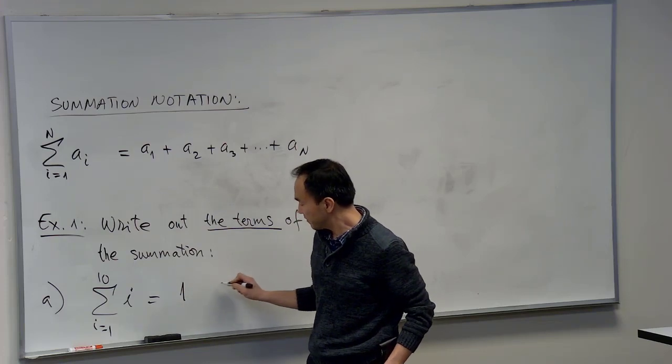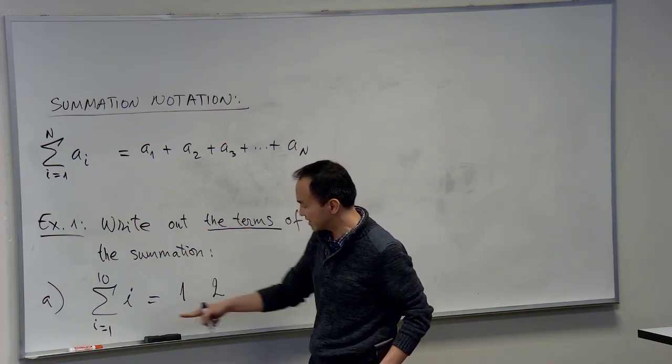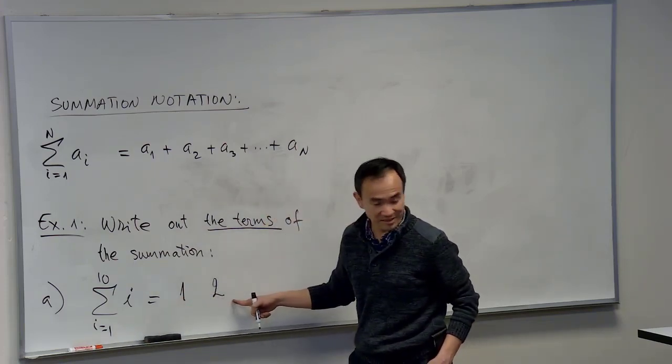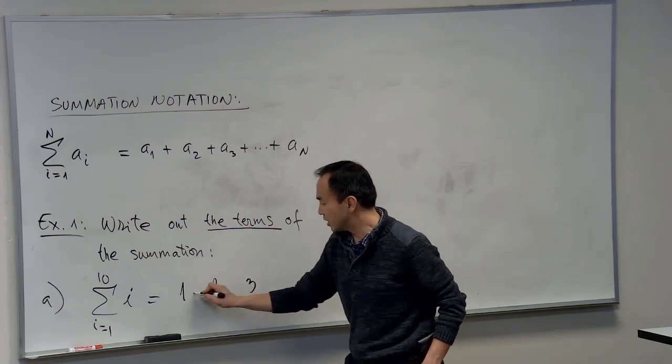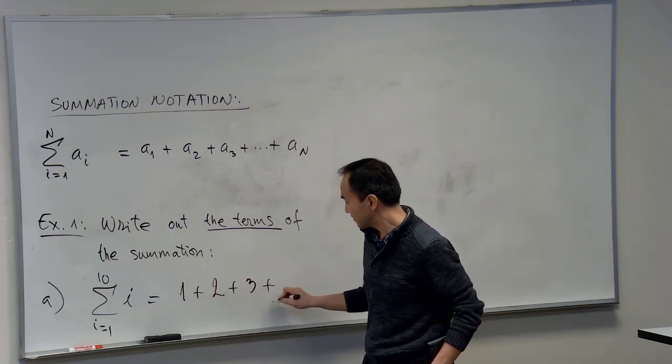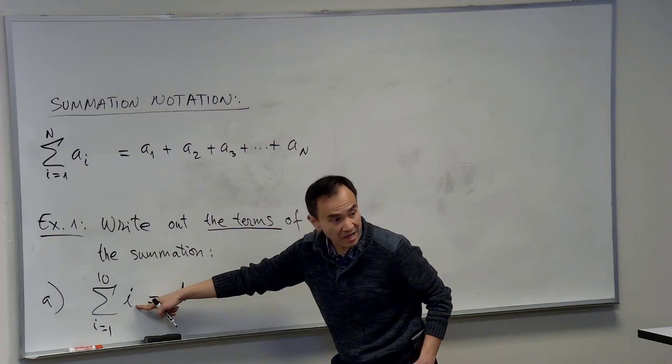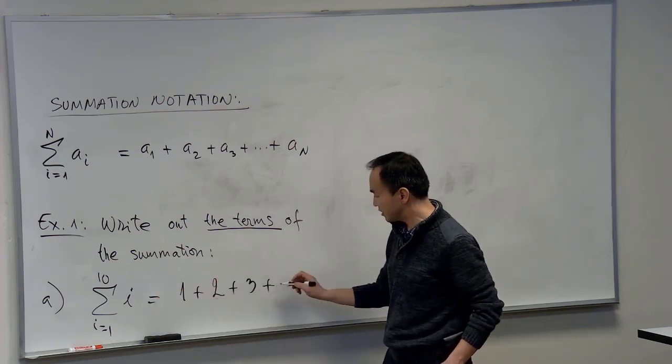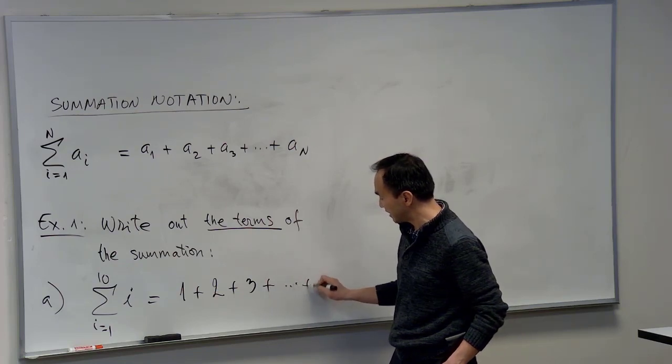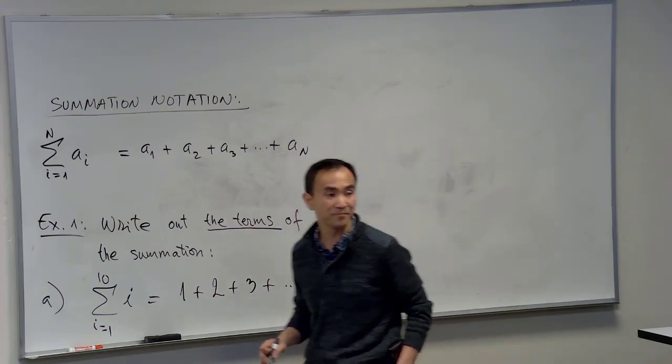Term 2 is going to be 2, because that's when i equals 2. Term 3 is going to be 3. Each term here has a value determined by i. We keep writing down the terms until you reach 10, so the last term is 10.